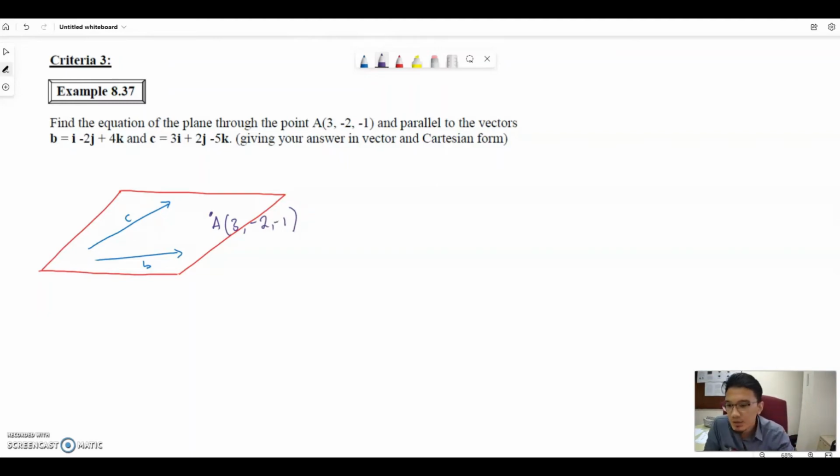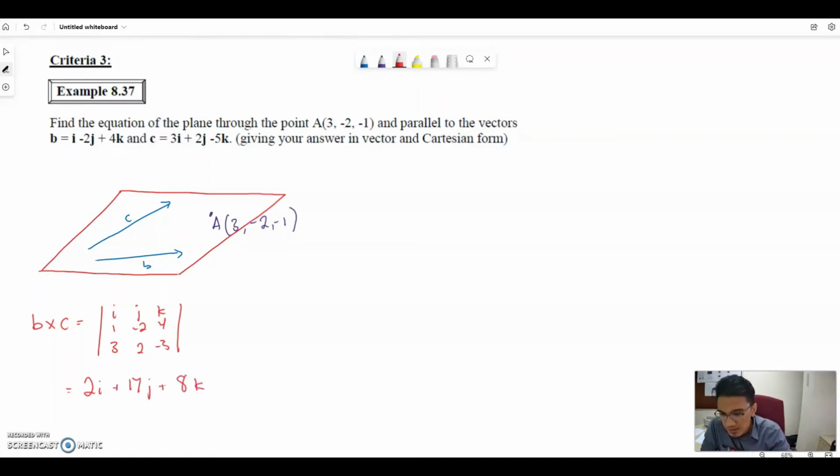Okay, so firstly we have to find the vector that is normal to the surface of the plane, by taking B cross C. With i, j, k, the rows are 1, -2 and 4. So the cross product between vector B and vector C is equal to 2i plus 17j plus 8k.